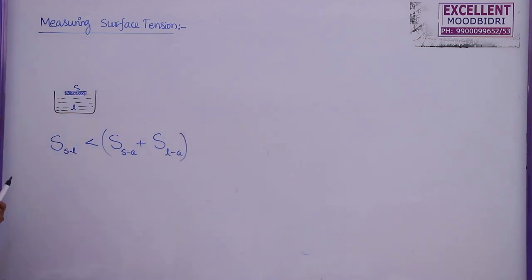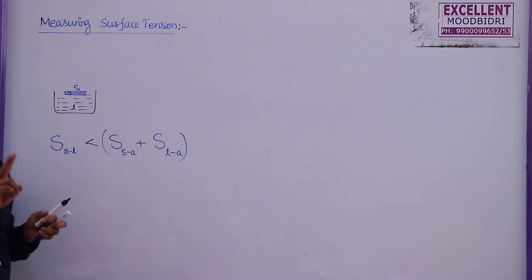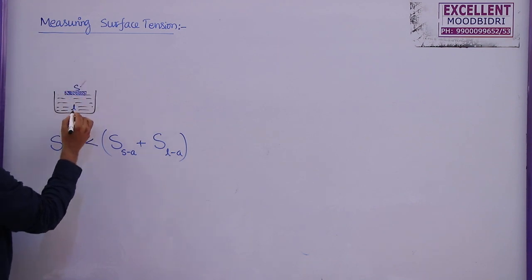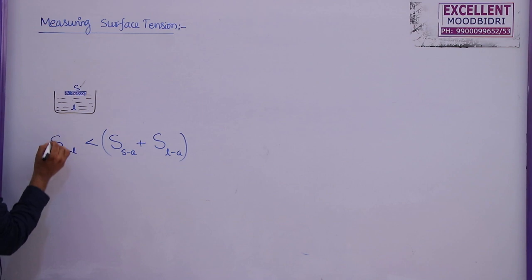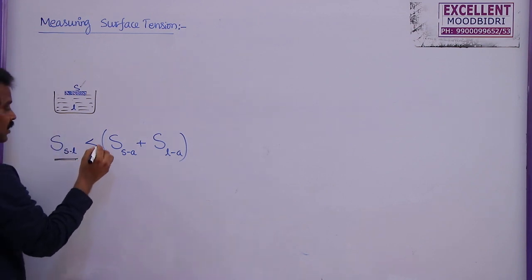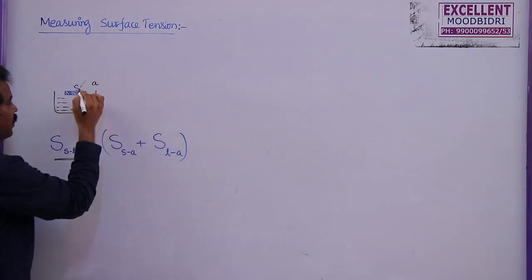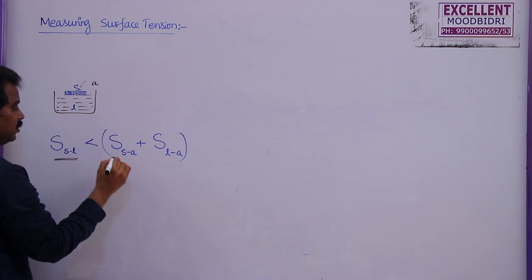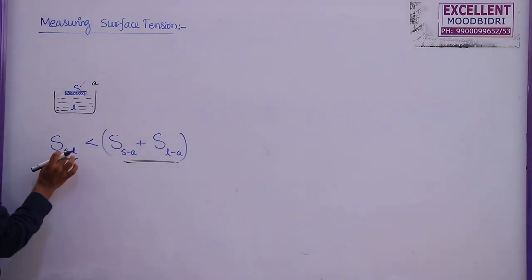Why? Because surface tension does not belong to a substance, it belongs to two surfaces. Here S stands for solid, L stands for liquid. If the surface tension between solid and liquid is less than the sum of the surface tension between solid and air and liquid and air, between solid and air there is a surface tension, between liquid and air there is surface tension, the sum of these two is more than the surface tension between solid and liquid.